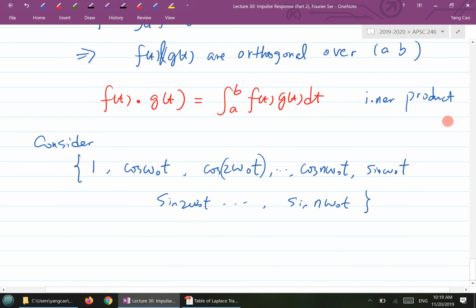Within these brackets there are a lot of functions, sines and cosines, including the constant 1. I don't have time anymore, so I'll show you in the next lecture. When you pick two of these functions and do the integral, you'll find that, not always, there are some conditions, but they are actually orthogonal to each other. I'll talk about it more in the next lecture.